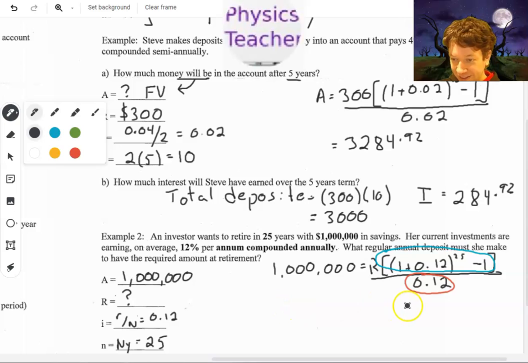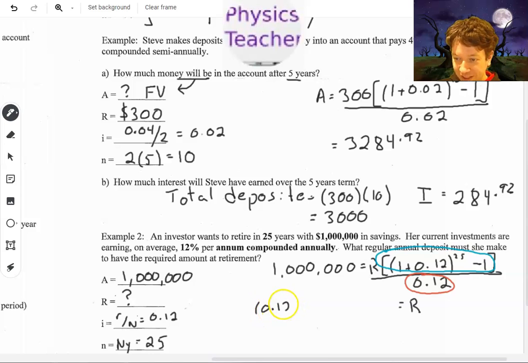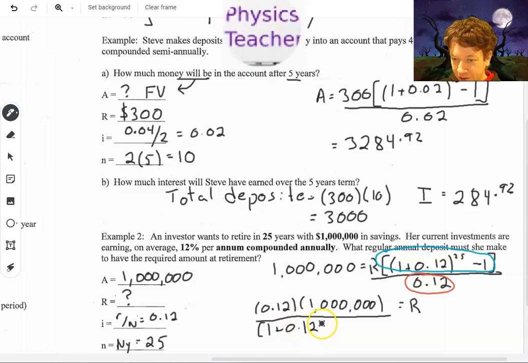And what we'll get is r equals, so 0.12, because we're multiplying both sides by that denominator, times 1,000,000. And then we divide by that whole bracket, which is 1 plus 0.12 to the power of 25 minus 1.